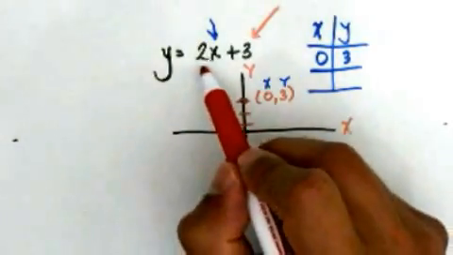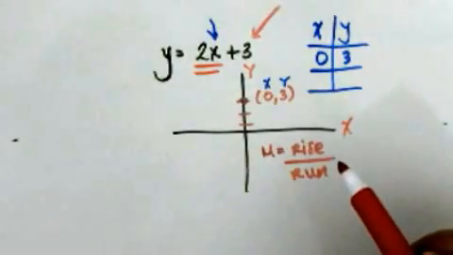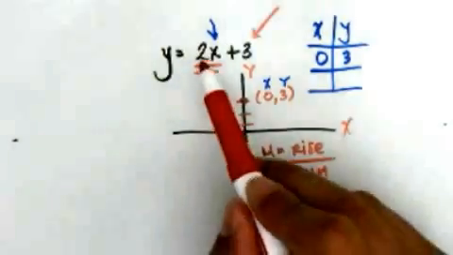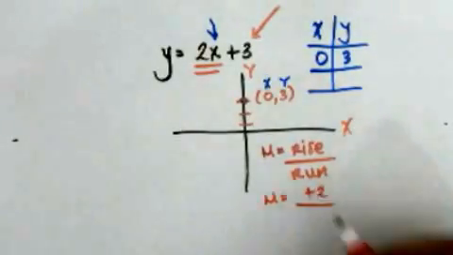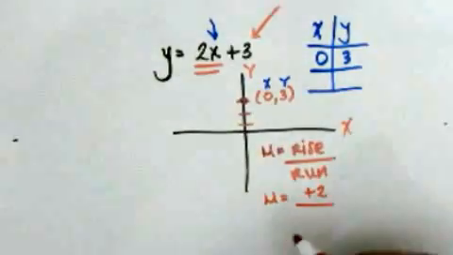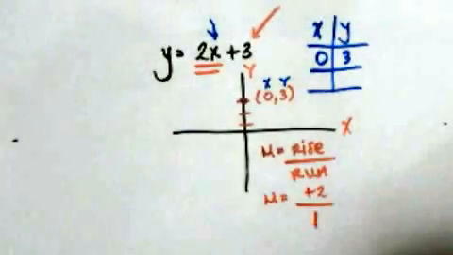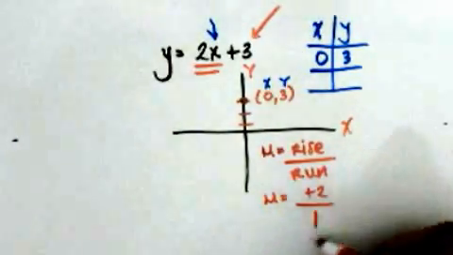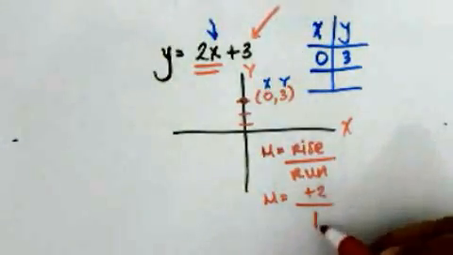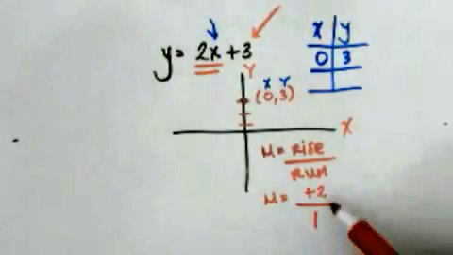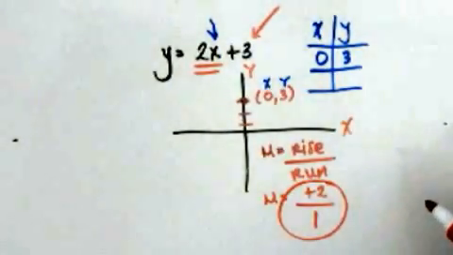Okay, and that would be this value right here, 2x. So my slope would be positive 2, and there is no other number in the denominator, so that means it would be a 1. Because this is a fraction, when you divide 2 and 1, 2 divided by 1, you still get 2. Okay, so this would be my slope.